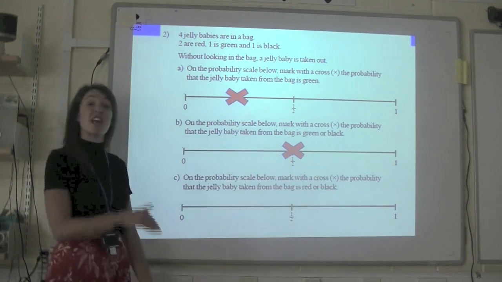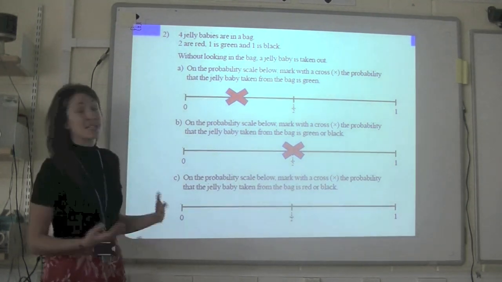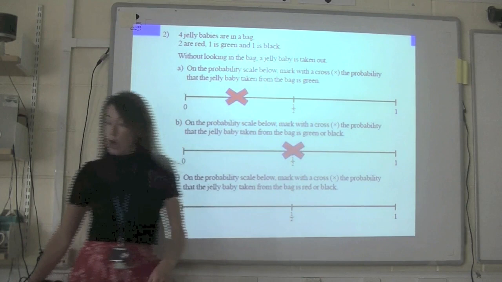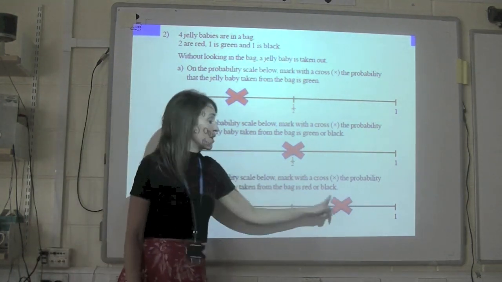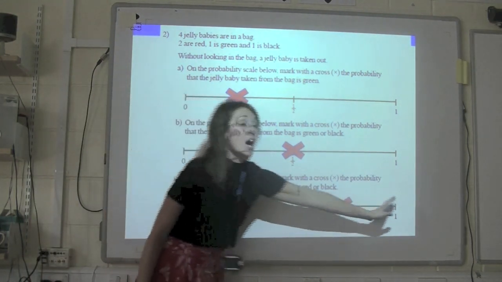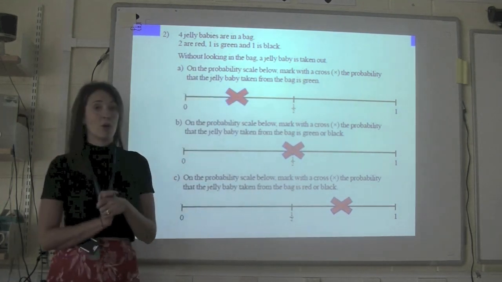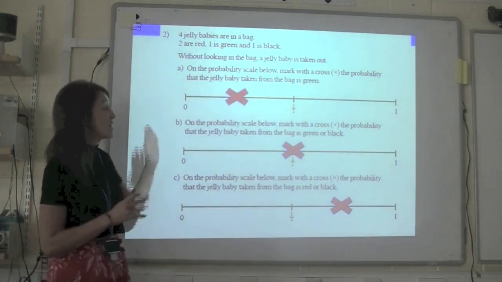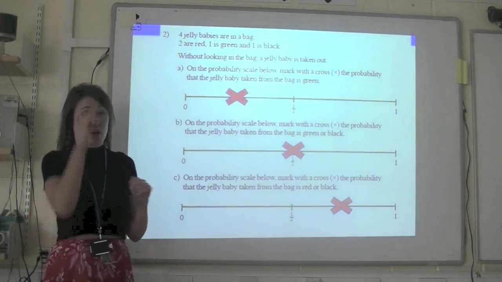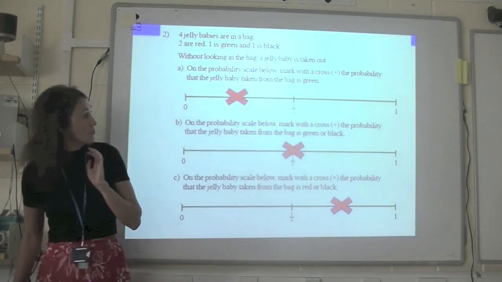So now we've got 3 over 4, which is the same as saying 3 quarters, which I'm hoping some of you will have put there, right, 3 quarters, halfway between half and 1. Now, if any of you have done that at home and you've got any of those right, really well done, because we've covered a lot of material so far.